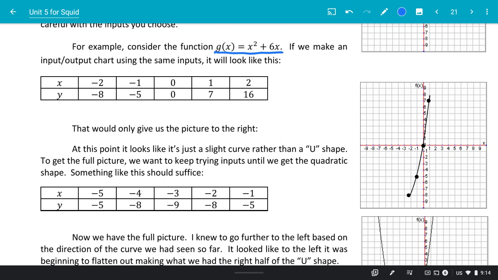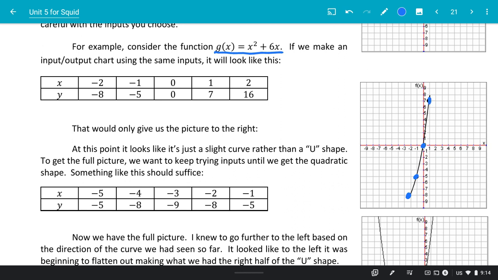If we make the same input-output chart using -2, -1, 0, 1, and 2, we would get these outputs. -2 squared is 4. 6 times -2 is -12, so 4 plus -12 is -8. See how that worked? If we were to graph those, -2, -8, -1, -5, 0, 0, 1, 7.